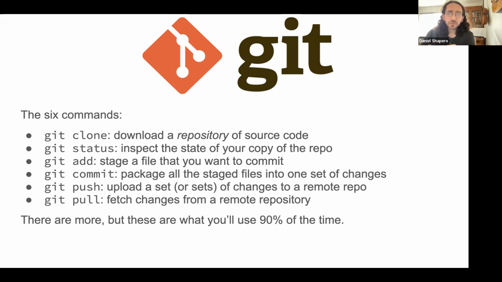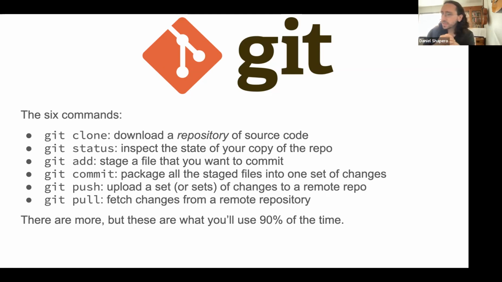Once you've staged several changes, you can commit them, where you say this set of changes I've made to this source repository are all going to go in one little ball of data that we'll give a name to, with a little message that describes what it does. And finally, to push those changes to the internet and to pull other people's changes from that repository.